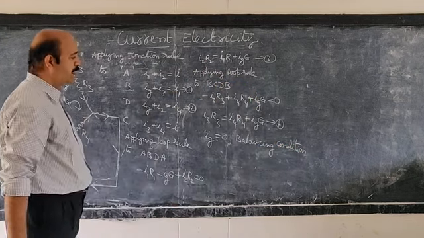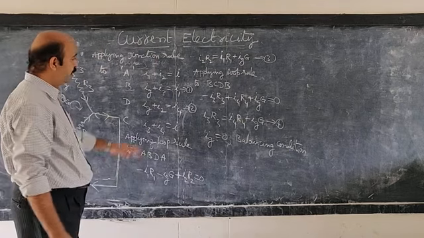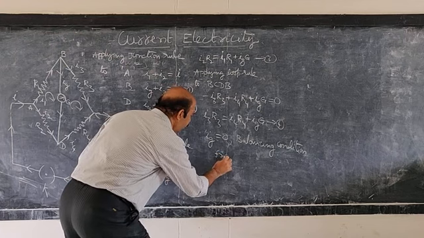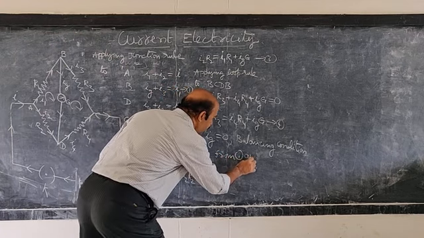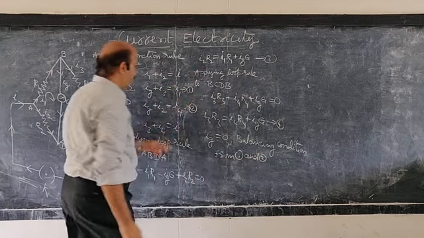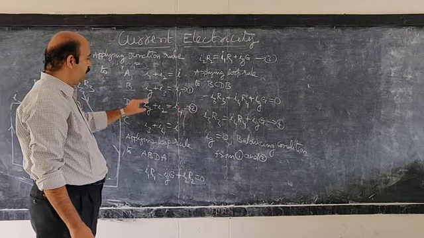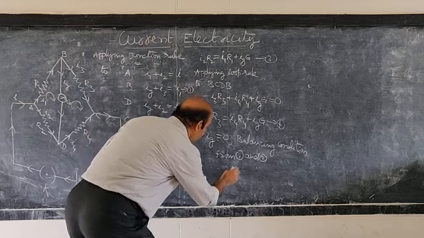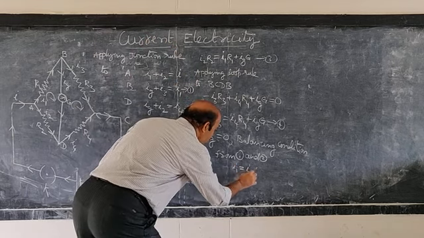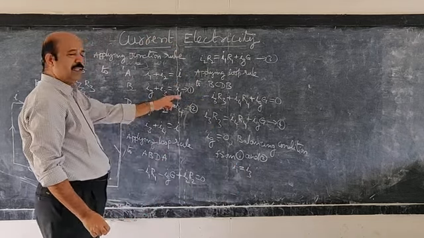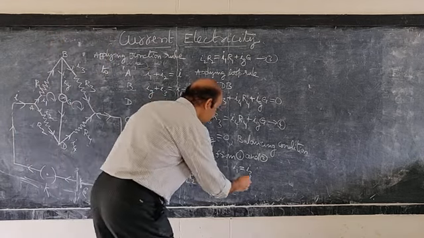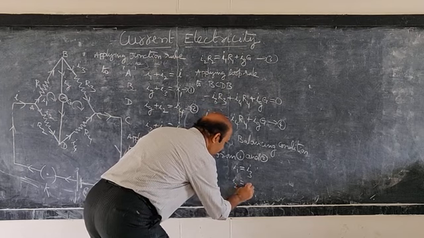Once the balancing condition is obtained, what happens to the equations? From 1 and 2, you observe this: IG will be 0. Therefore, I1 is equal to I3, both are the same, and I2 is equal to I4.